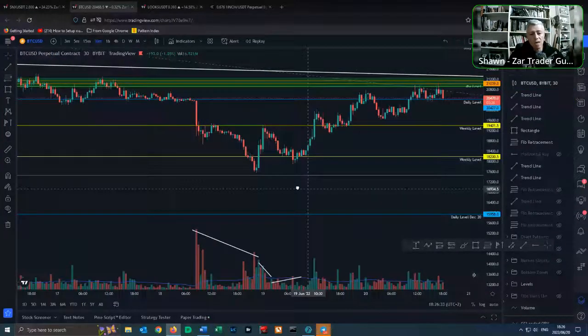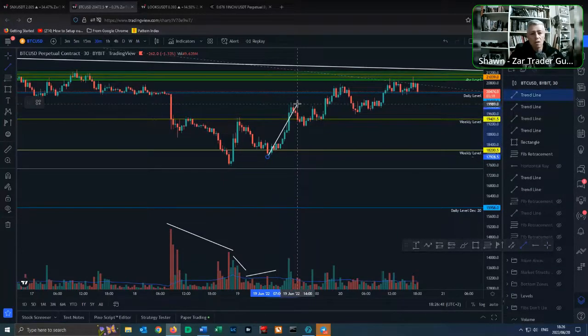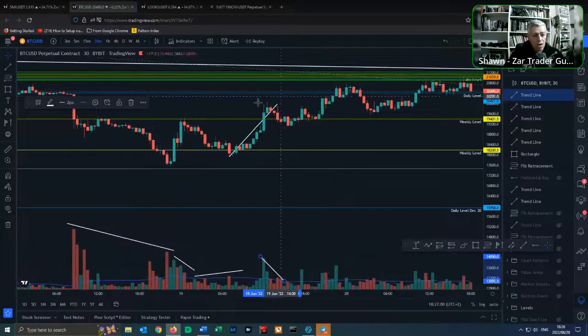But especially in a big move, like here, we had a very, very sharp move to the upside. People were probably getting in at the top here, but look what happened to the volume. A very big spike in volume on the 30 minute, and all of a sudden volume went right down. So as volume started decreasing here, we actually had a reversal in price.